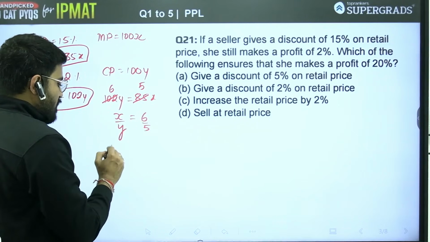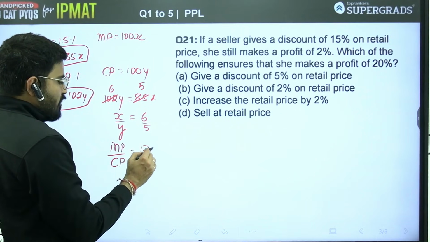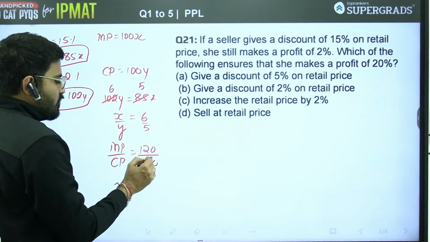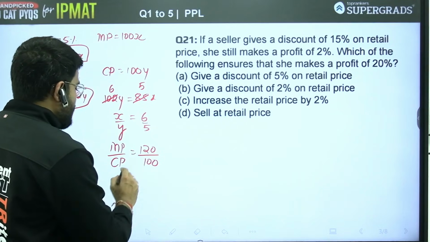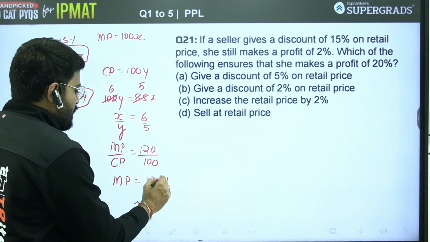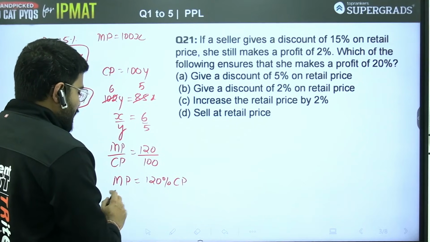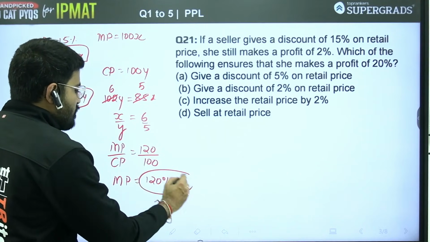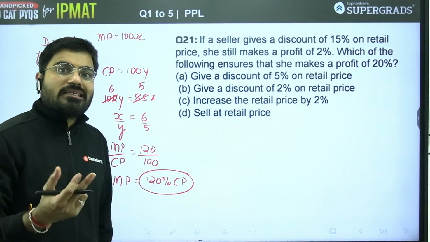Or I can say mark price upon CP is equal to 120 by 100, because 6 by 5 is a fraction which indicates 120%. So mark price is 120% of the CP, which means the product is marked up by 20%.